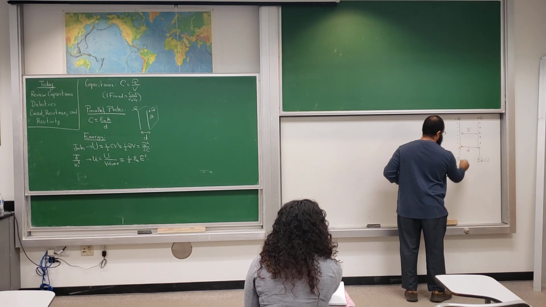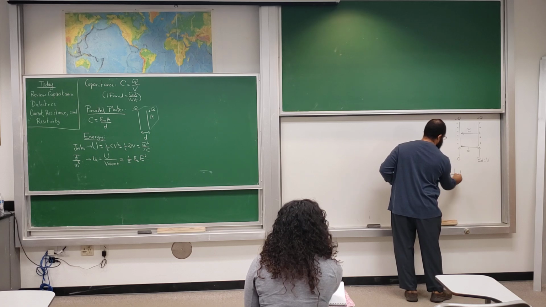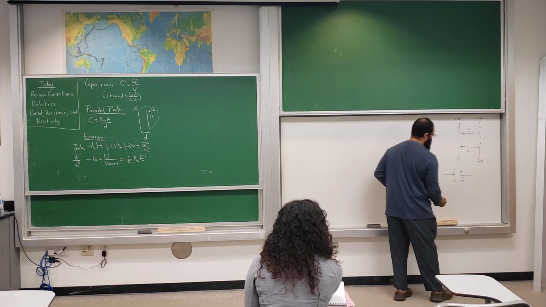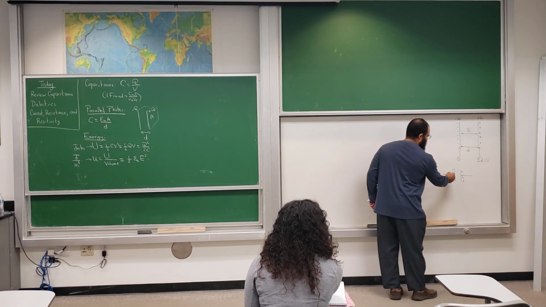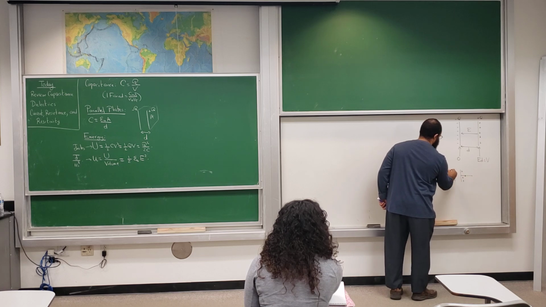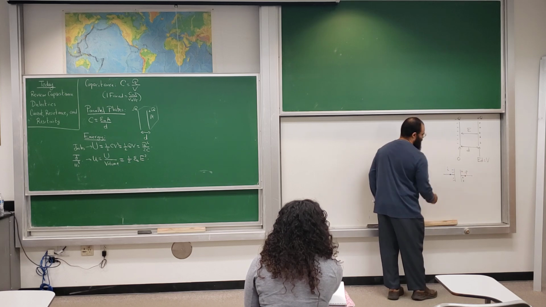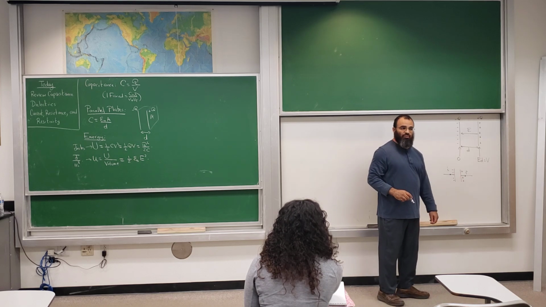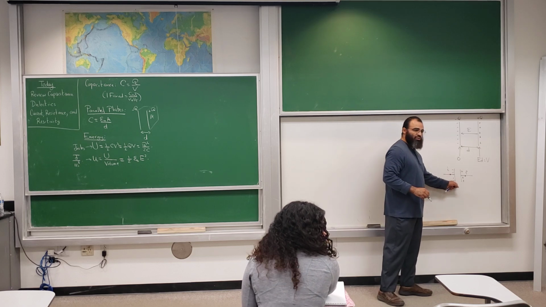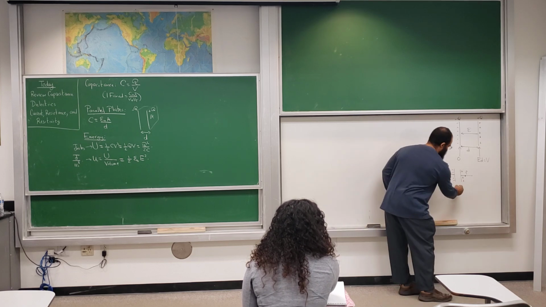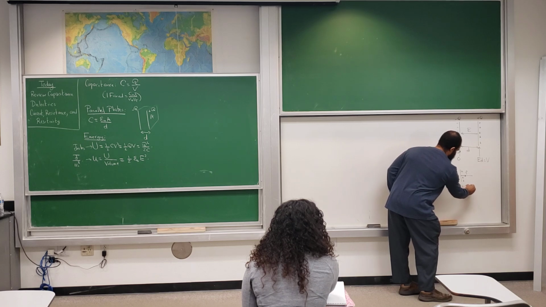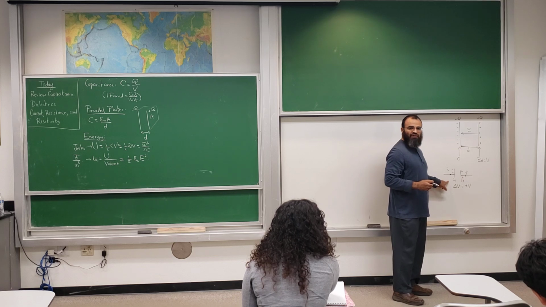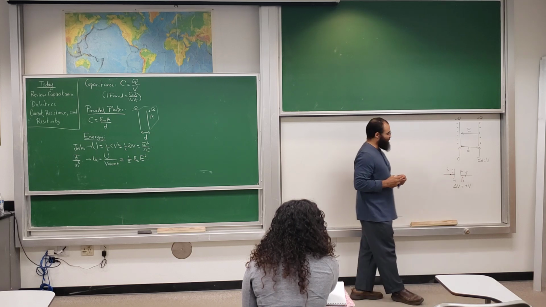Now let's make the capacitor a little smaller. Here is minus, here is plus. If I start here and I end here, here's my initial, here is my final. What's the voltage change? Is it a positive change or a negative change? We go from minus to plus. Positive, yes. Because you started at the lower potential and you ended at the higher potential, the change in voltage is just positive V. But if you go from plus to minus, the change is negative. Is that clear? Okay, please keep that in mind.